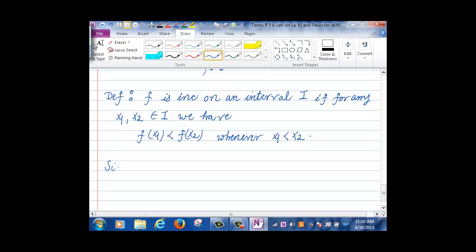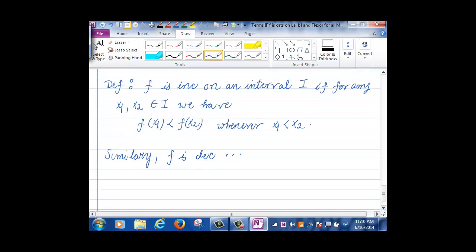Similarly, we define f is decreasing, dot dot dot. So f is decreasing would mean that f of x1 is bigger than f of x2 whenever x1 is less than x2.